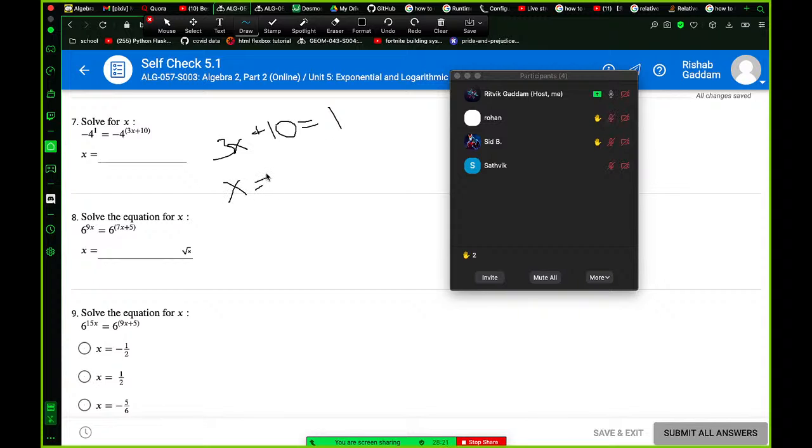Okay, you skipped a bunch of steps there, but you got the correct answer. Minus 10 cancels out, and then you have 1 minus 10, which is negative 9 equals 3x. You divide by 3 on both sides, and you get this.